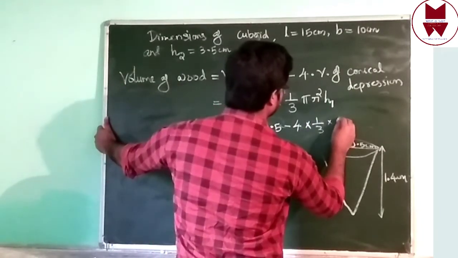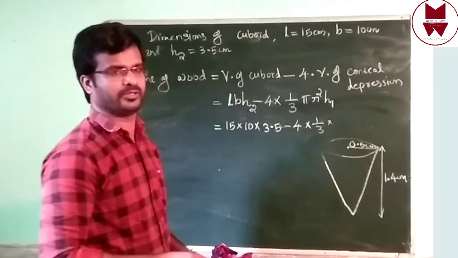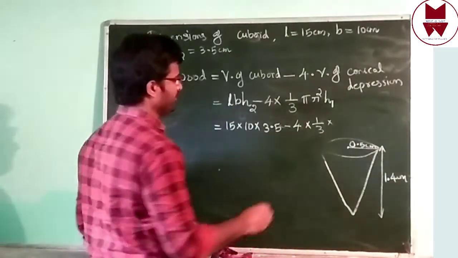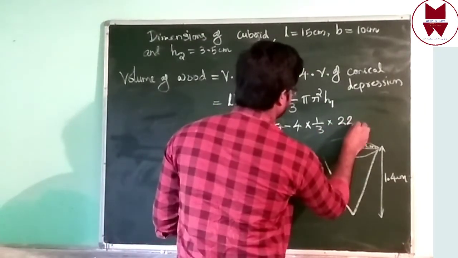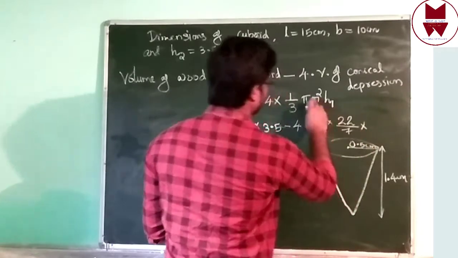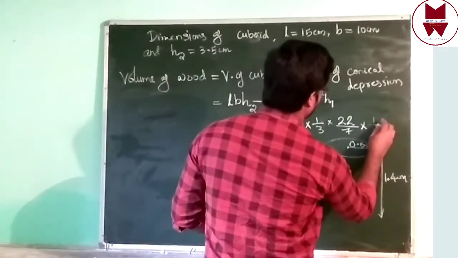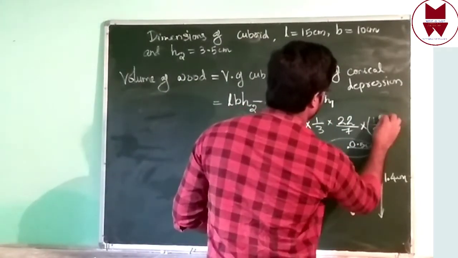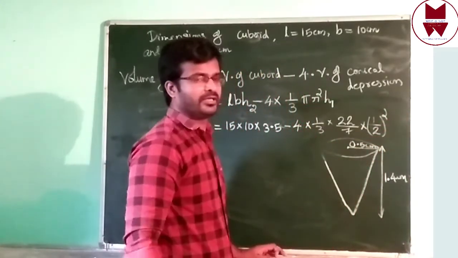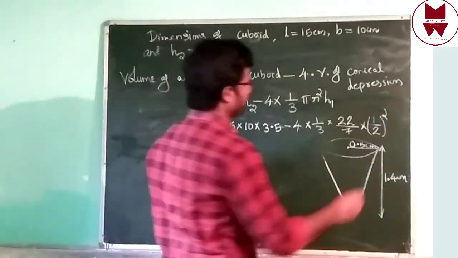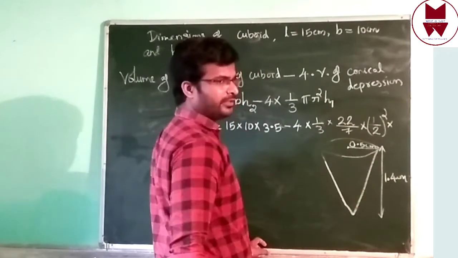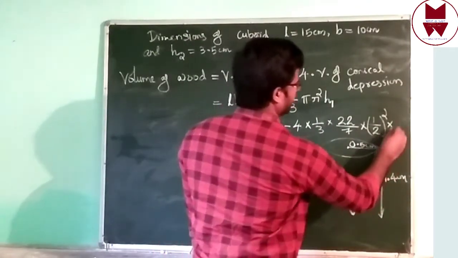The pi value is not given in the question, isn't it? That's why we can use 22 by 7 into r. Radius is 1 by 2 whole square. Don't use 0.5, use 1 divided by 2, into h1, that is the height of the depression, 1.4.